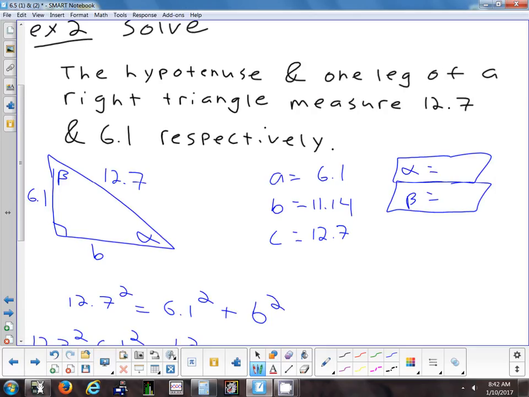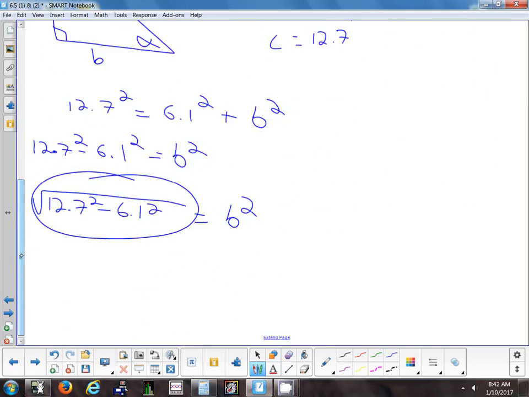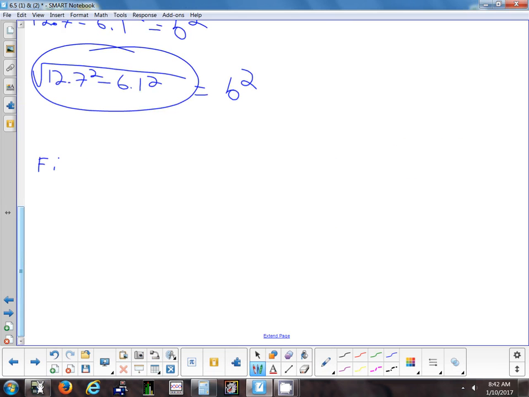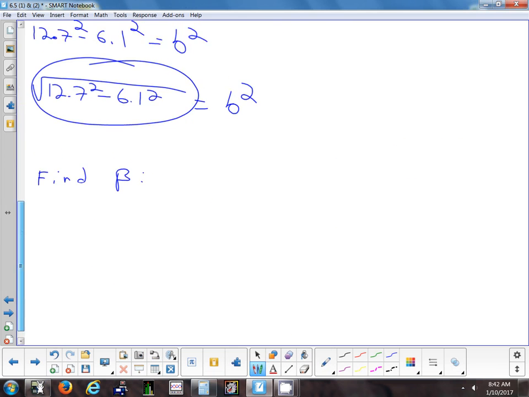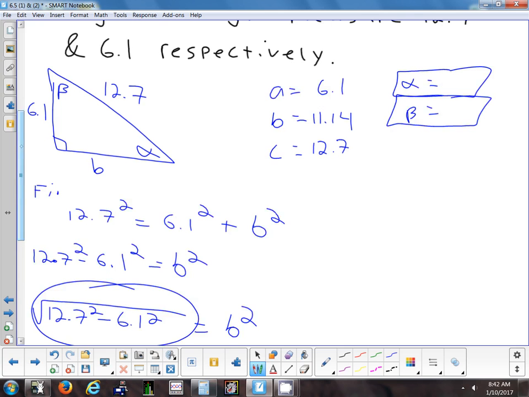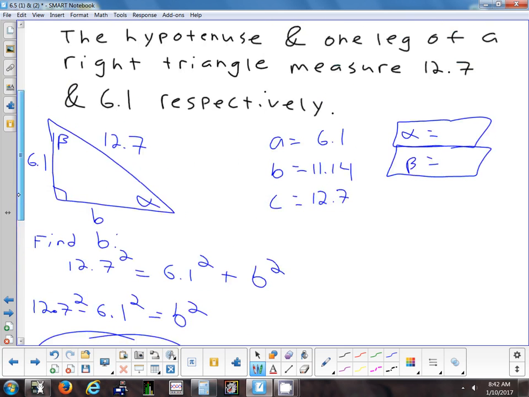All right, let's find beta. And this was to find b. So to find beta, I want to stick with the sides that I know. This side, that side.